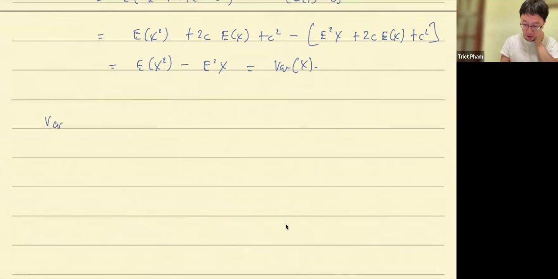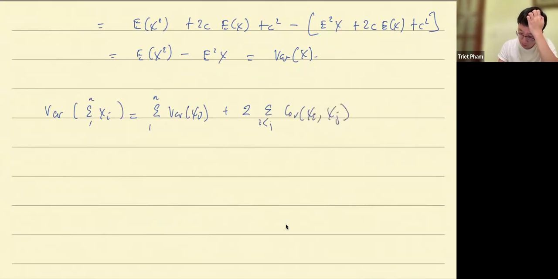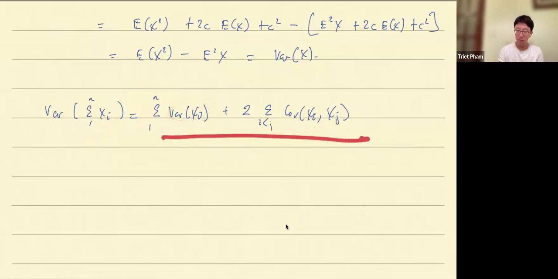In general, the variance of a sum will be the sum of the variances, plus the covariance terms. So when you compute the variance of a sum, not only do you have to calculate the variance of the individual terms, you also have to calculate the covariances before you can add them up.